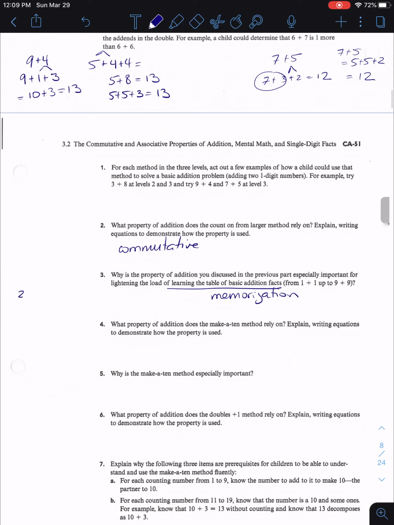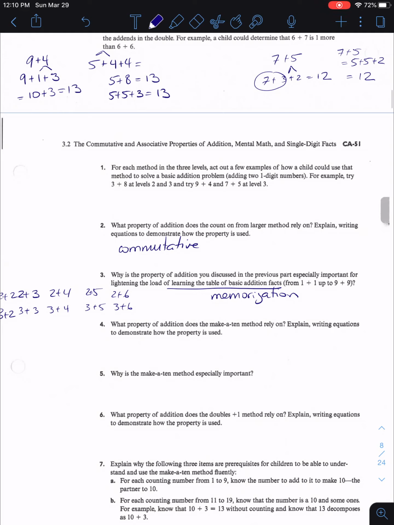So things like 2 plus 3, 2 plus 4, 2 plus 5, 2 plus 6, and then 3 plus 3, 3 plus 4, 3 plus 5, 3 plus 6, and then, this would have been 3 plus 2, 2 plus 2, right?